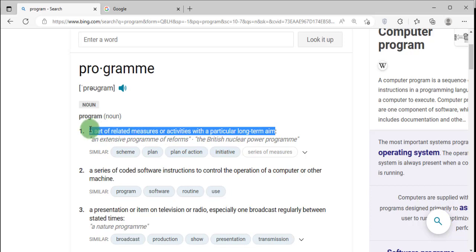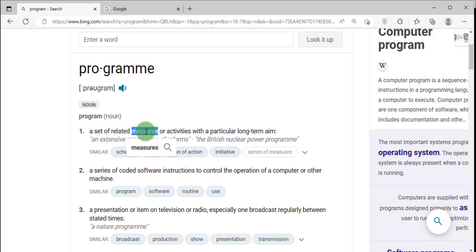I think this is very clear for us, but we might still dive deeper into the meaning of measures and activities. We know any physical activities that we perform. Measures might be activities plus any other precaution or planning or any other document that we want to make, whether on computer or by ourselves.